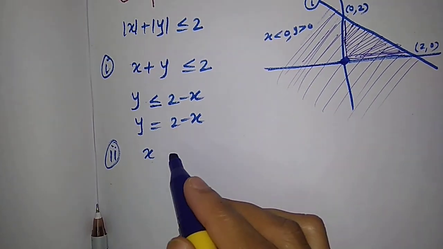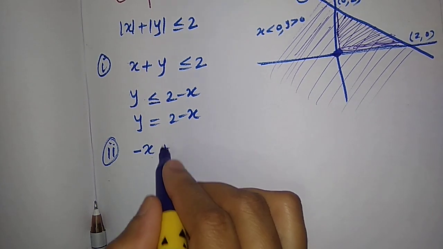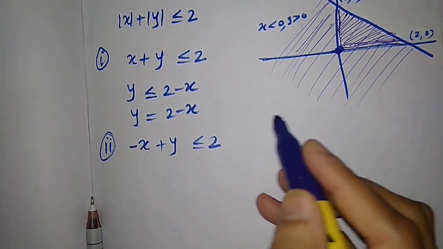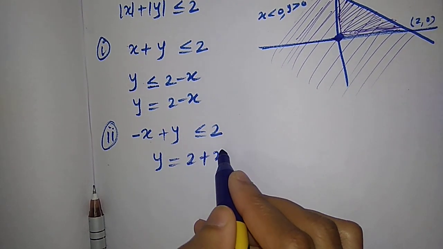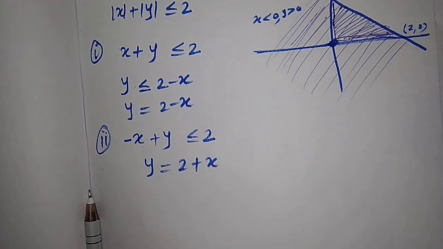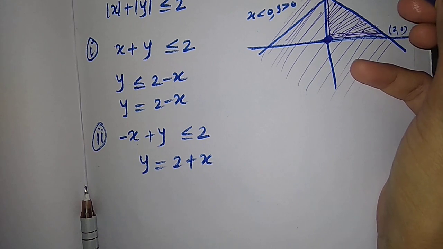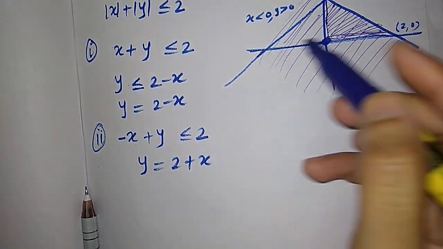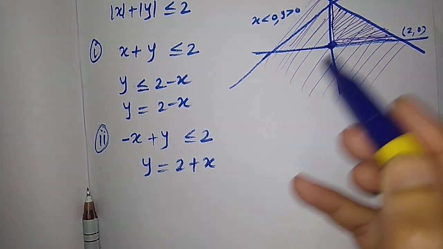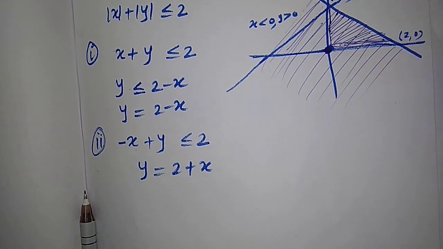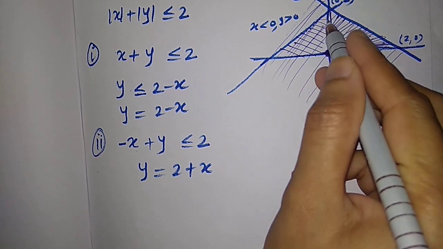So x is negative, that means mod of x is equal to minus x, and y is positive, so modulus of y is y, which is less than or equal to 2. When you write it in the equation form, you will get y is equal to 2 plus x, and hence the line will be like this in the second quadrant, and this 0 comma 0 satisfies this because minus 0 plus 0 is always less than or equal to 2. And 0 lies here and we are in the second quadrant, so this part is the region we want.